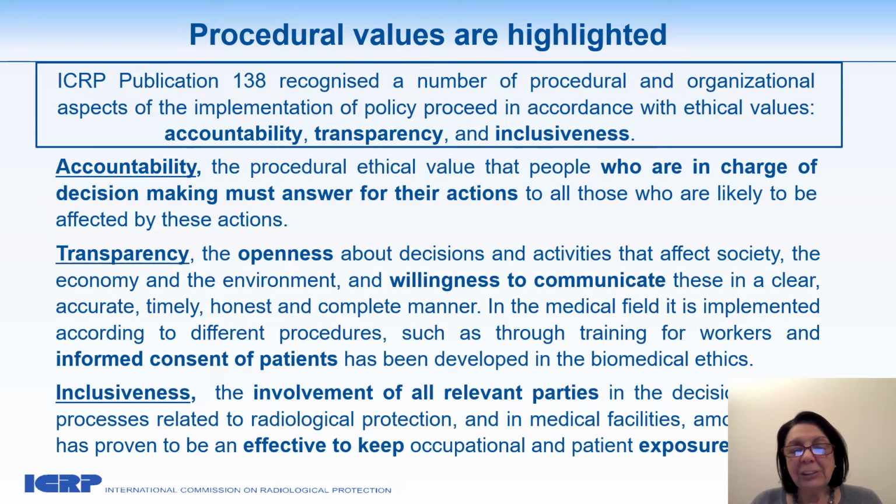And then transparency, related to openness about the decisions and activities that may affect society and also the economy and the environment. So an important point is the communication, which has to be clear, accurate, honest, and complete.